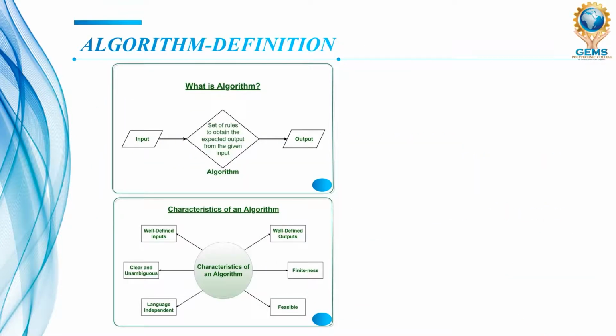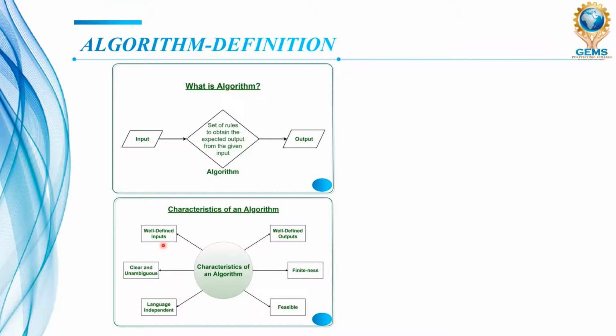So this is the algorithm I already discussed. So what is an algorithm? It's a set of rules to obtain the expected output from the given input. So what input have you given? The same you desire to get as output. So characteristics of the algorithm we already discussed. We must have well-defined inputs and outputs. Our algorithm should be clear and unambiguous.